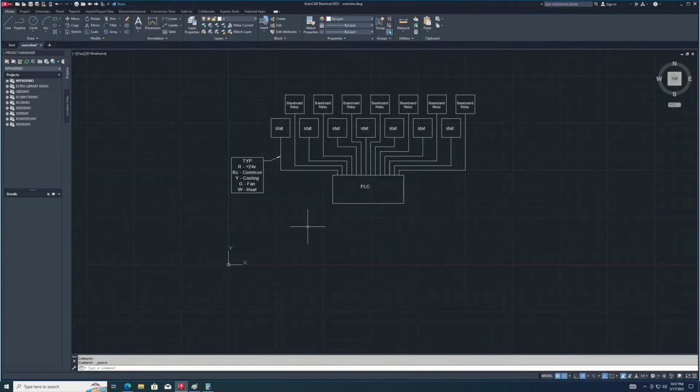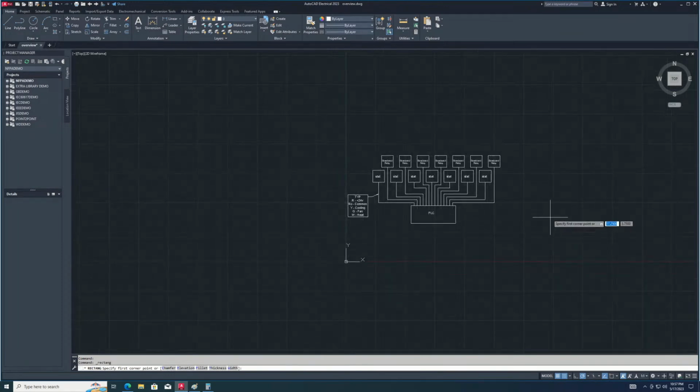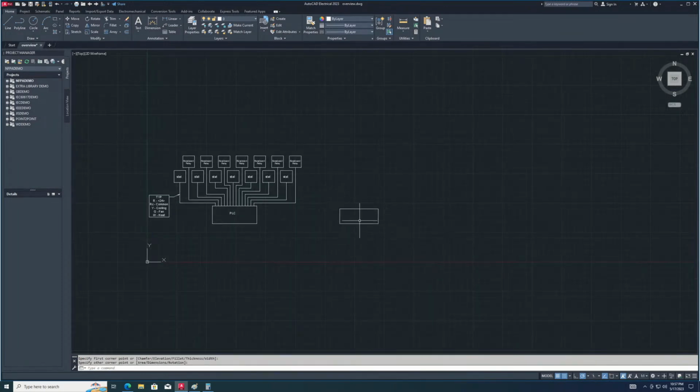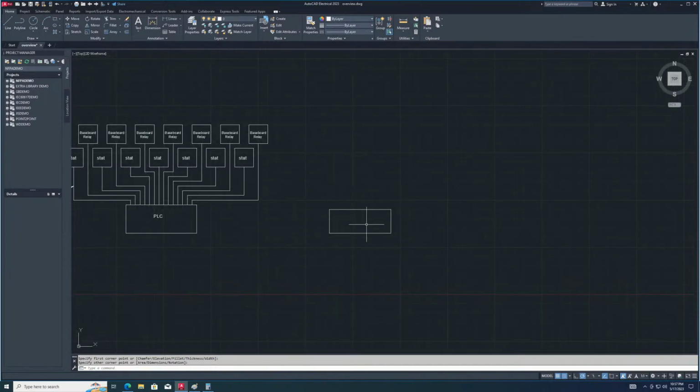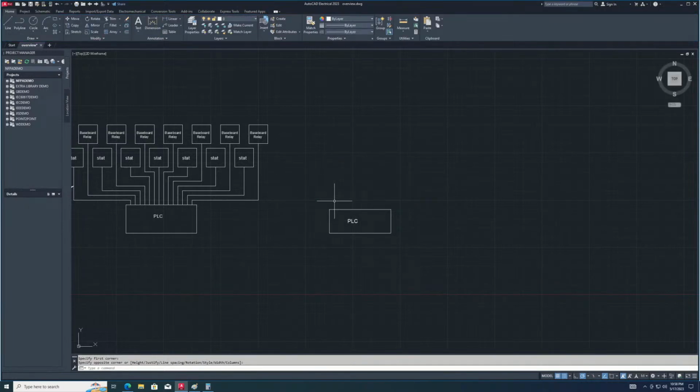So this is going to be the one PLC. It's going to take all the stats in, take the baseboard relay, control the baseboard relays. Now we're going to do another PLC. Yes, another PLC over here.